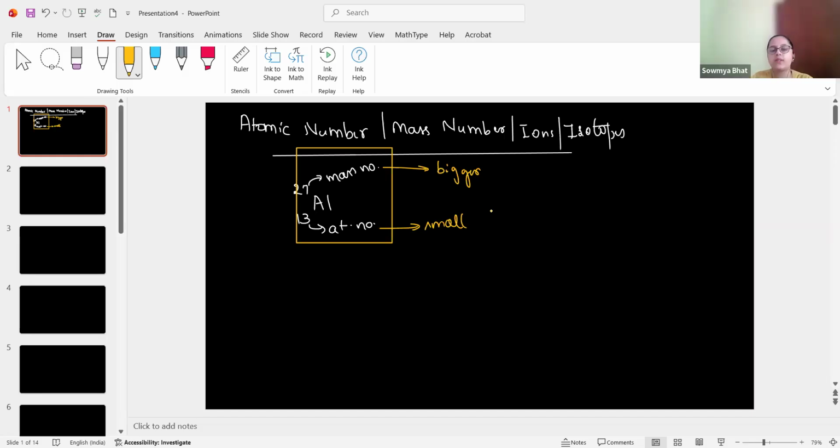In any group, it's the same. But you told it varies. I mean to say that some periodic tables might not have the mass number. They just have the atomic number. So it's always like this.